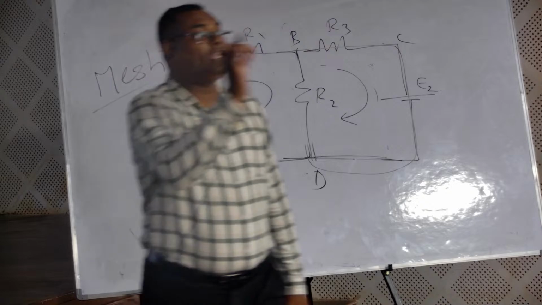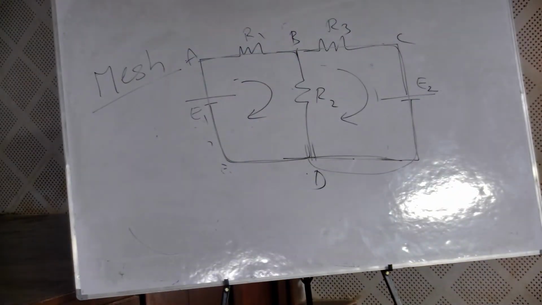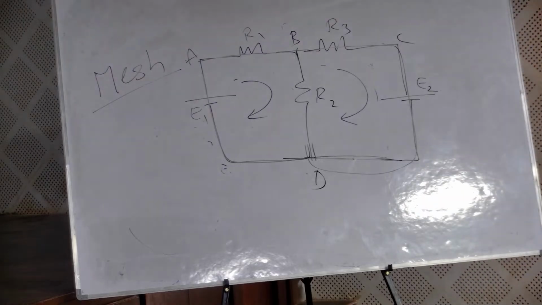In a loop, we can remove any branch, and if a circuit is still formed, then it is a closed circuit. In mesh, we cannot remove. The condition of mesh is we should not remove a single element. But for a loop, we can remove and check whether it is a closed circuit or not. Yes, two loops are completed.